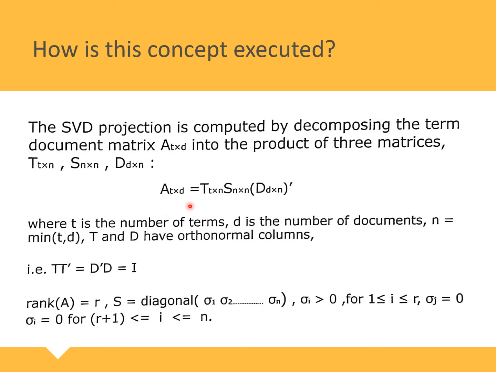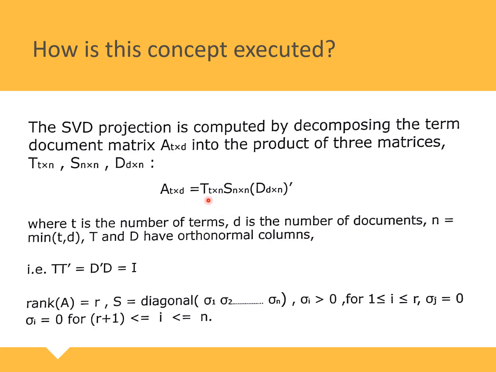What is singular value decomposition as far as linear algebra is concerned, and how does it apply in this case? Let's say we start off with a term document matrix A, of the order T cross D, T being the number of terms or the size of the vocabulary, and D being the number of documents or observations that we are handling. This matrix A, which is the TDM, is represented as a product of three matrices.